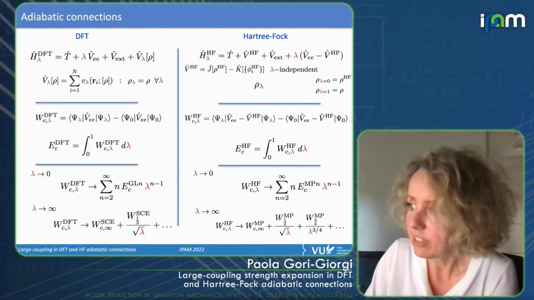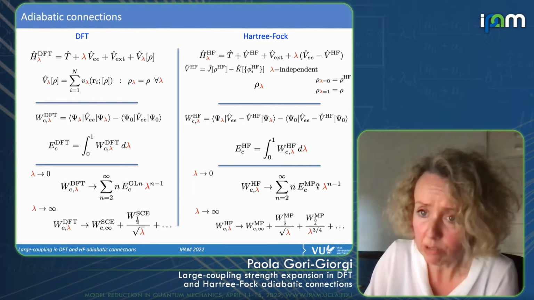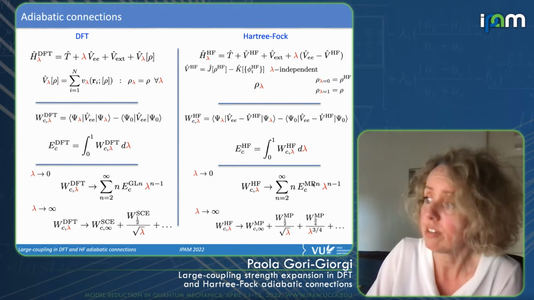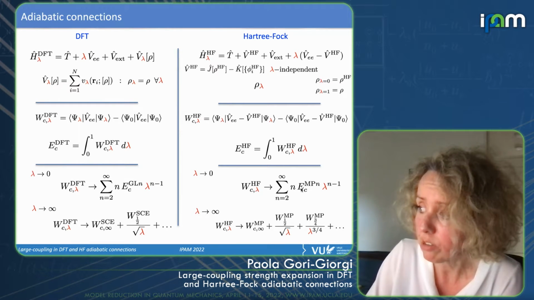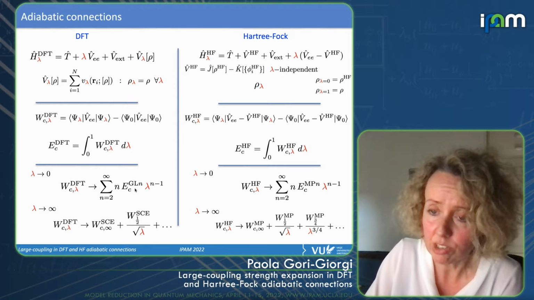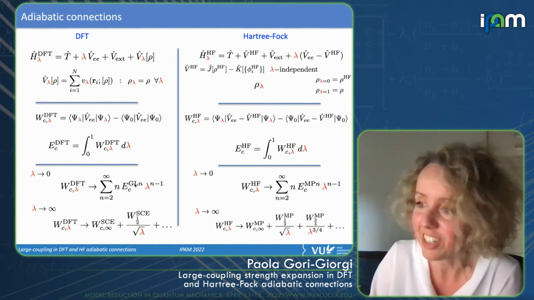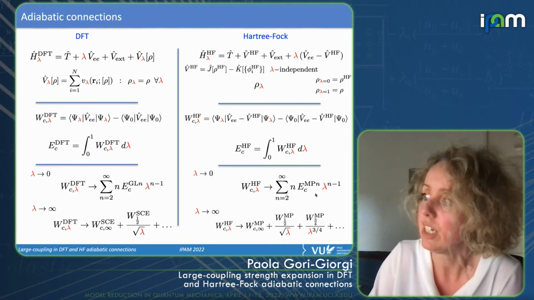Now, at small coupling strength, again, you have a perturbation theory, which is the so-called Møller-Plesset perturbation theory. And it's, let's say, much easier to compute than Görling-Levy. Görling-Levy typically has been computed only up to second order, that I know, at least for chemical systems.